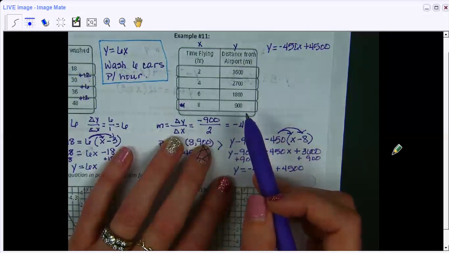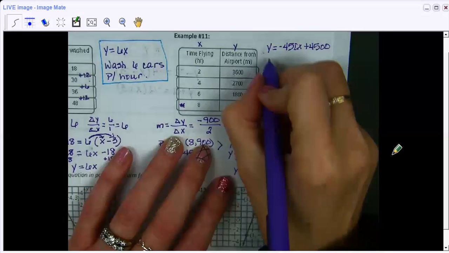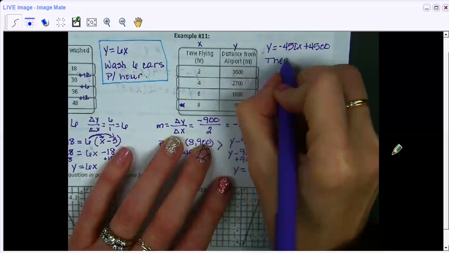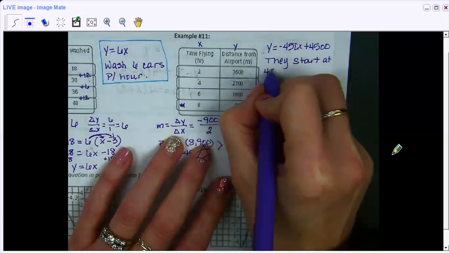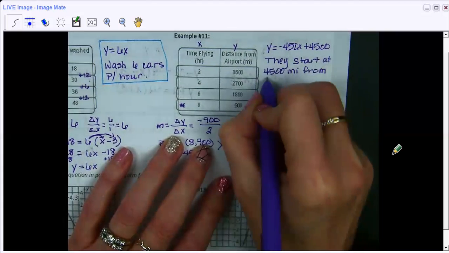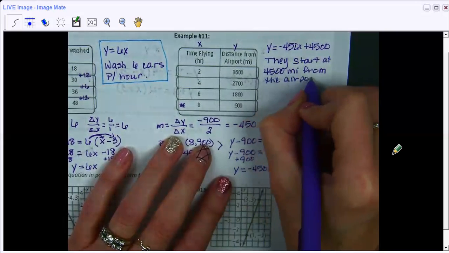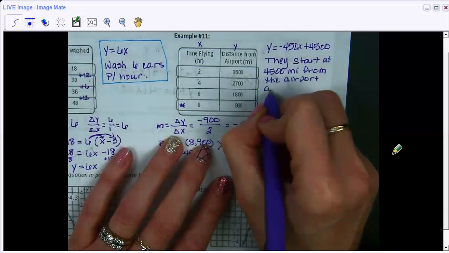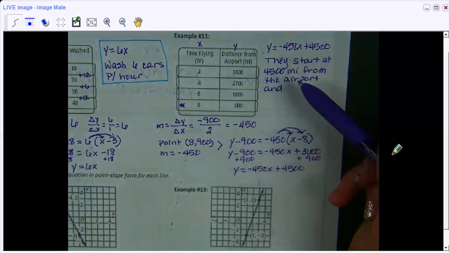When x is 0, when they begin, they're at 4,500 miles from the airport. So they start at 4,500 miles from the airport. And then we have to figure out what the negative 450 is.